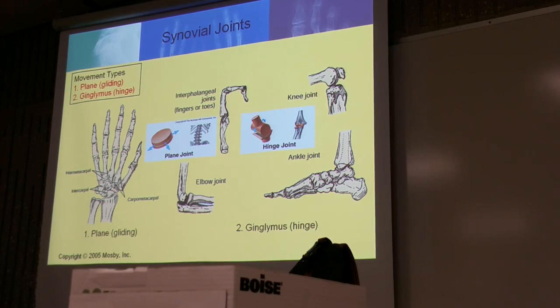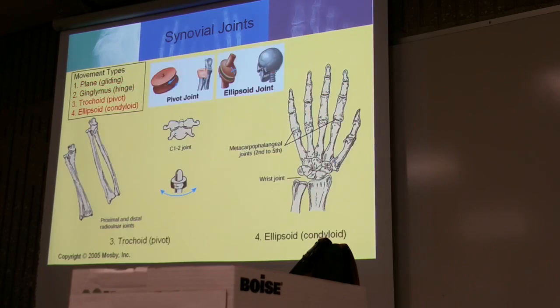Okay? So here are your synovial joints. Movement types include a plane type of movement, a hinge type of movement, plane or gliding or ginglymus or hinge type. We got the pivoting type of synovial joint.